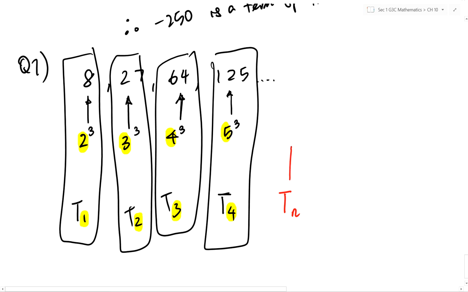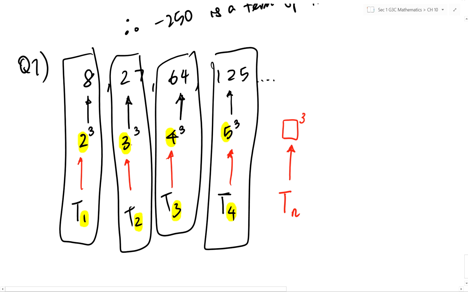So what do you think the n term will look like? Term n will be something power 3, isn't it? But what is that something inside there? Is it n? n plus 1? n plus 1, right? You see, from 1, we get 2.